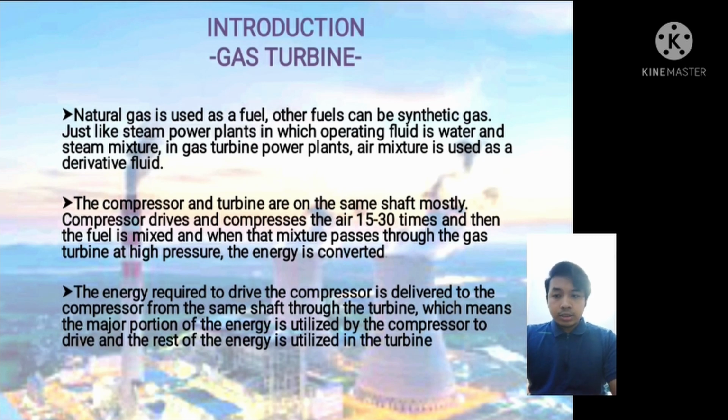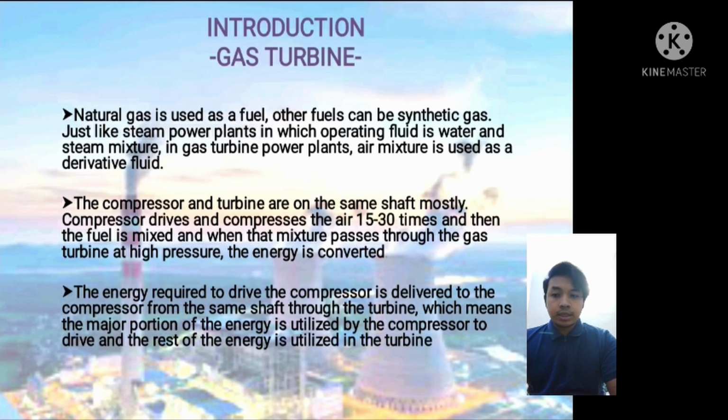The energy required to drive the compressor is delivered from the same shaft through the turbine, which means the major portion of the energy is utilized to drive the compressor, and the rest of the energy is utilized in the turbine.